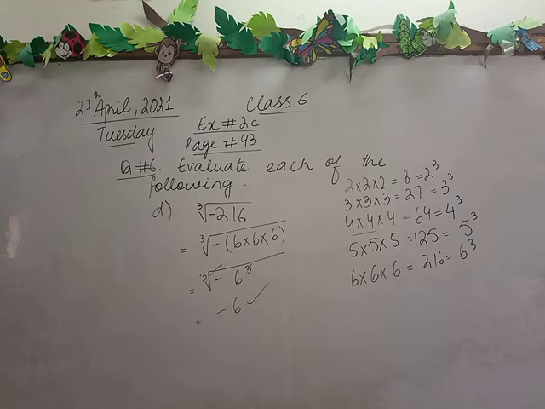D part, cube root of minus 216. The cube root will come as it is. First of all I want to find the perfect cube. So for the perfect cube, what will I do? I will check one by one. 2 cube equals 8, 3 cube equals 27, 4 cube equals 64, 5 cube equals 125, and 6 cube equals 216.